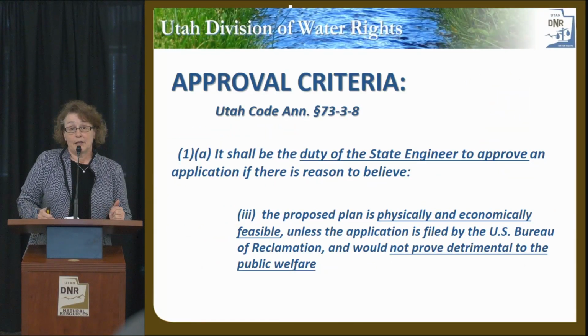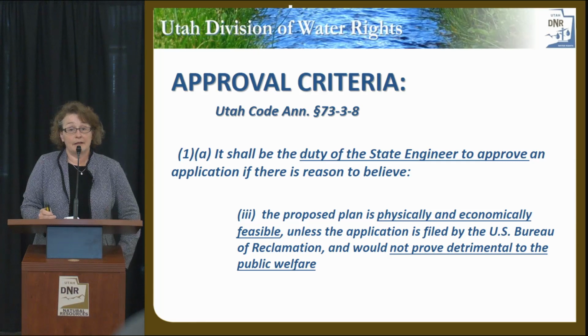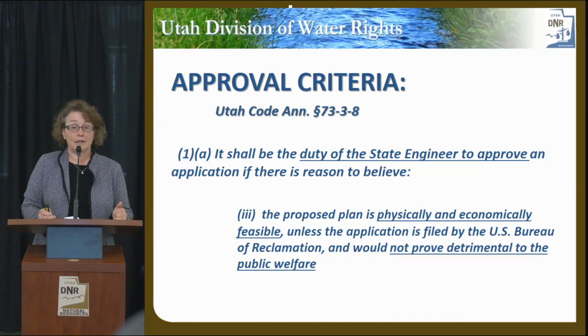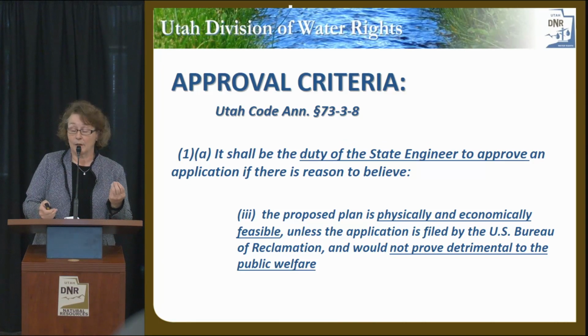So approval criteria, continuing on that, one of the third criteria that we look at is whether the proposed plan is physically and economically feasible, and will it not prove detrimental to the public welfare? So that's the third criteria that we evaluate those applications by.